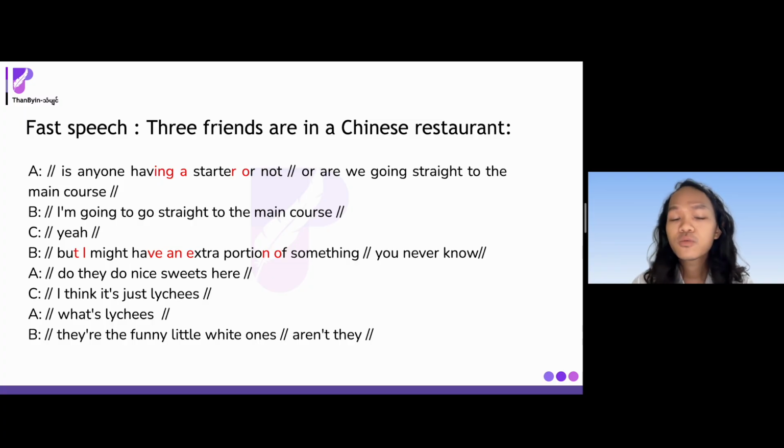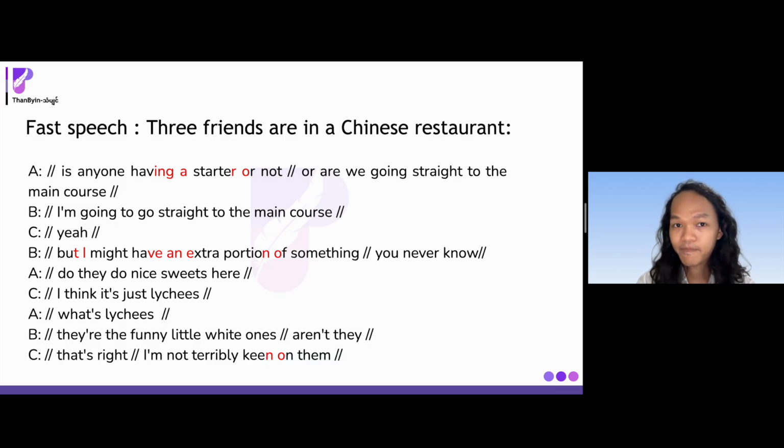They're the funny little white ones, aren't they? That's right. But I'm not terribly keen on them. Okay, that's it. So I'm not terribly keen on them.